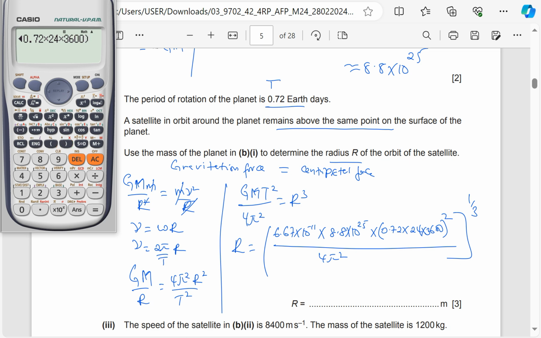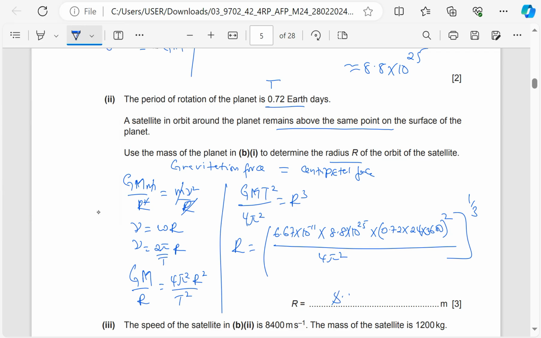But remember, this is squared. Divide by 4 pi squared. Then I find the cube root of the answer. So this is giving me 8.3 times 10 to the power of 7.